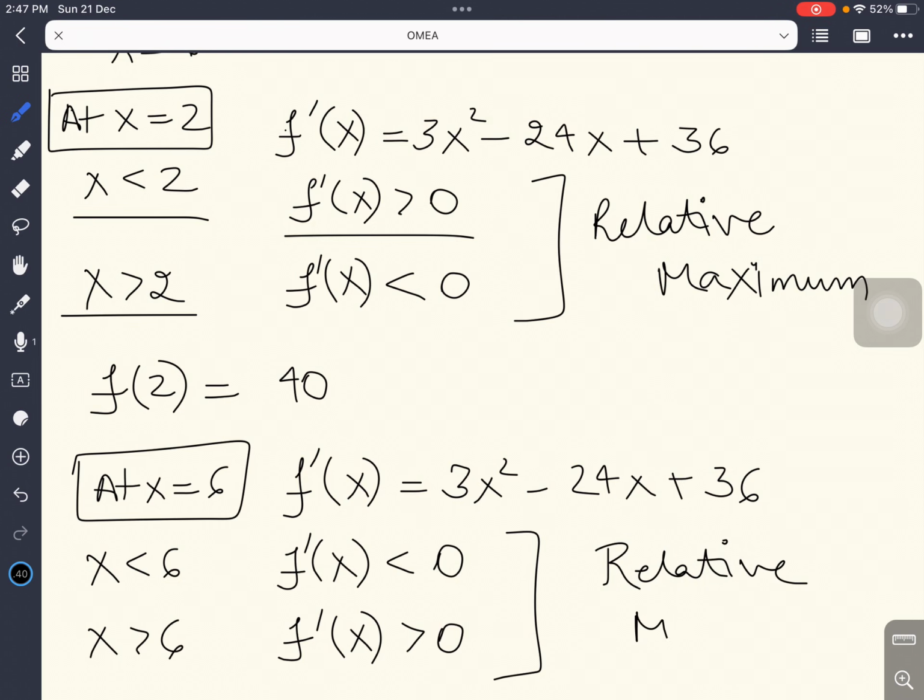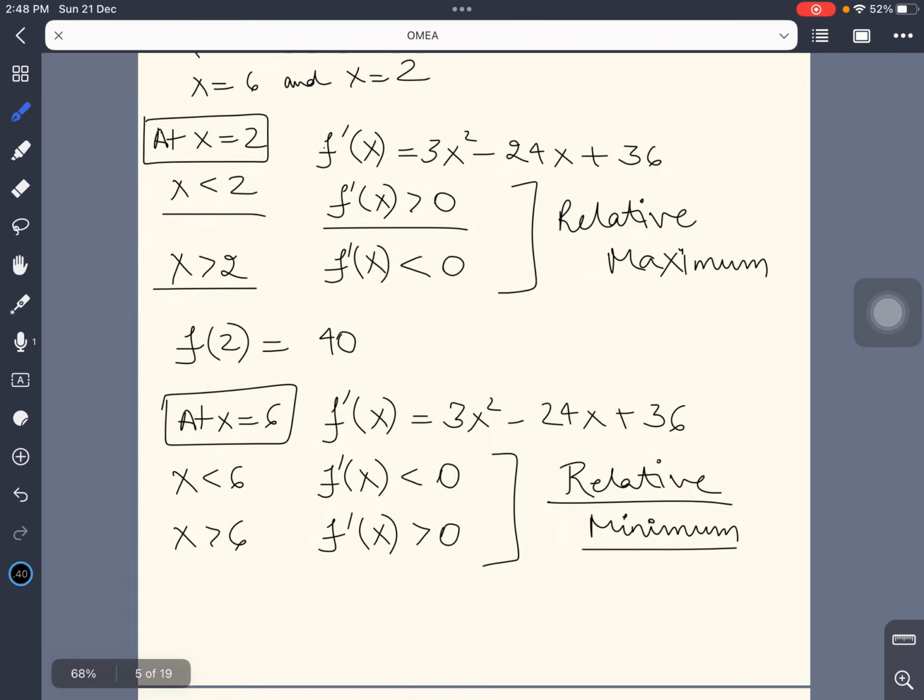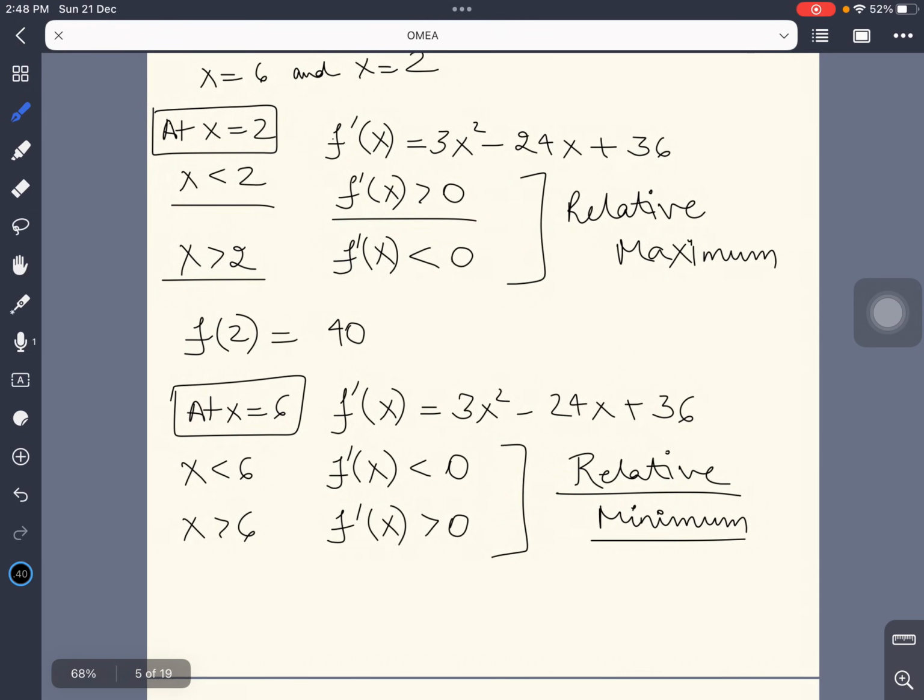So at x is equal to 6, we are getting a relative minimum point. And let's look at the value of the function f at x is equal to 6. This will come out to be 8.